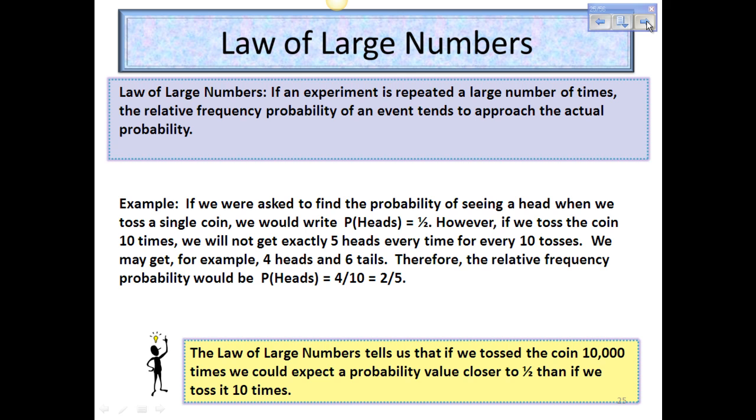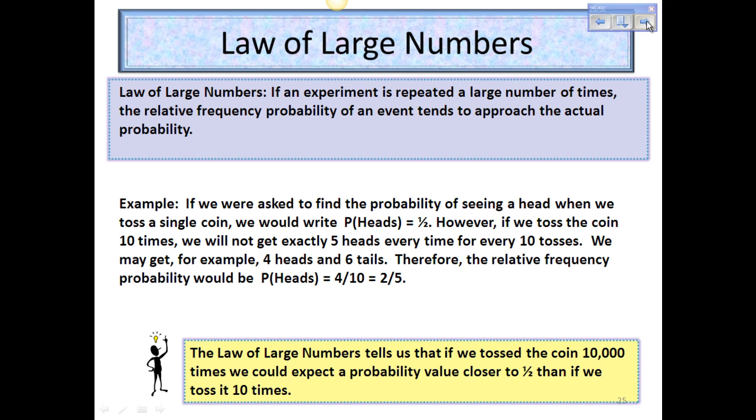Now, we could toss that coin 10 times again, and maybe we get 5 heads and 5 tails, so the probability of heads in that case would be 1/2. Or we could toss it 10 times again and get the probability of heads to be 3 out of 10 because we got 3 heads and 7 tails.